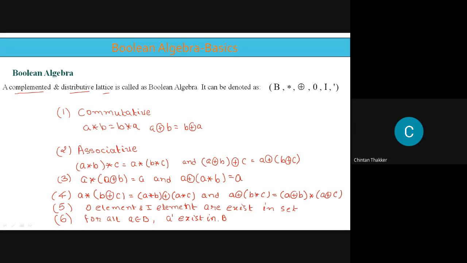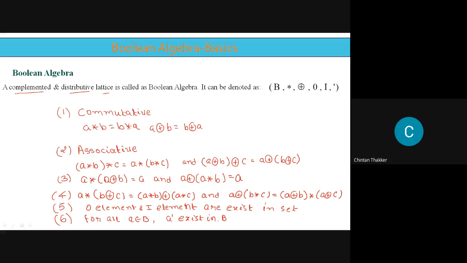Like in the last lecture, we checked that S12 GCD LCM and S24 GCD LCM are not complemented lattices, because in these two the element 2 does not have any complement element.